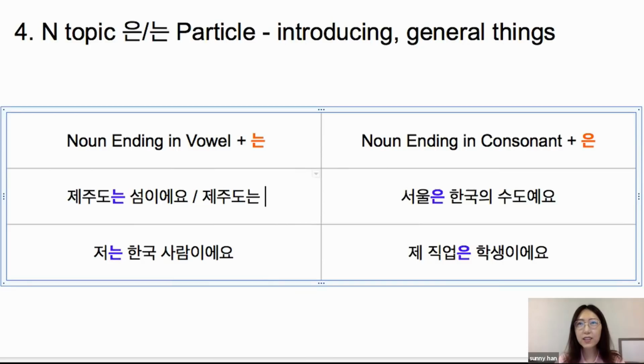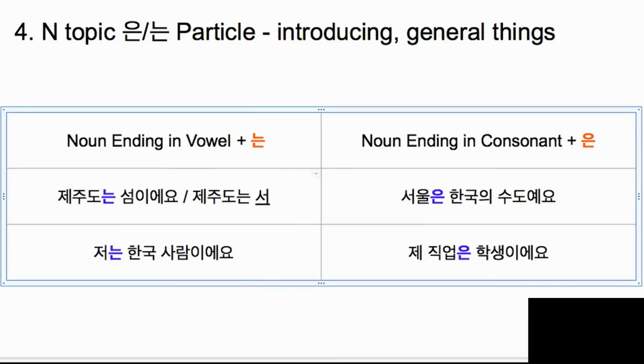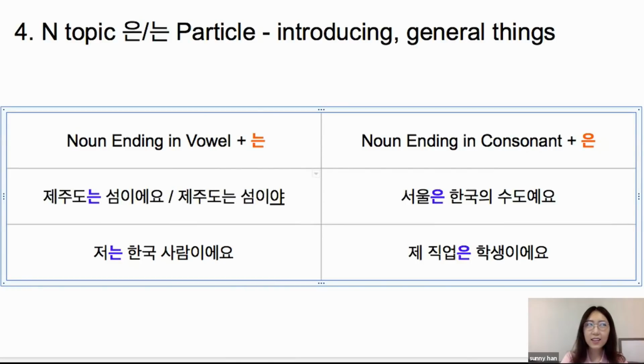It's like explaining the meaning correctly. So if we use this, 제주도는 섬이야. Informal way is 섬이야. Difficult, but you can keep practicing.